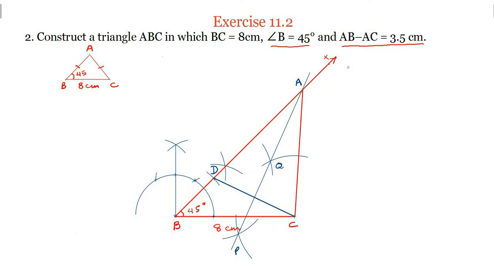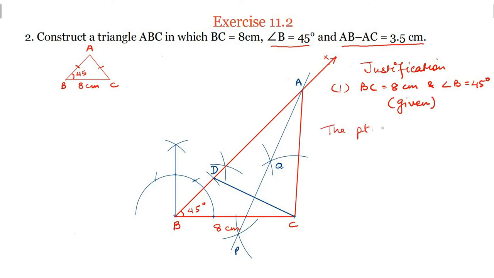Let us see how we have obtained the required triangle ABC. Justification. Here BC is equal to 8 centimeters and angle B is equal to 45 degrees. This is given to us.